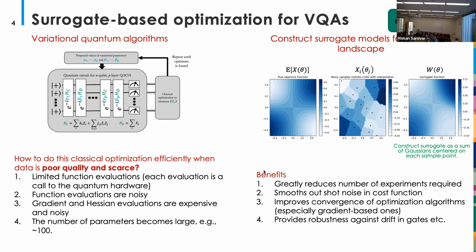You query the machine a few times, construct an estimate of the cost function, and then do optimization on this estimate. This is a model you can query very quickly, and it's cheap to evaluate. You don't have to make many calls to the quantum machine.